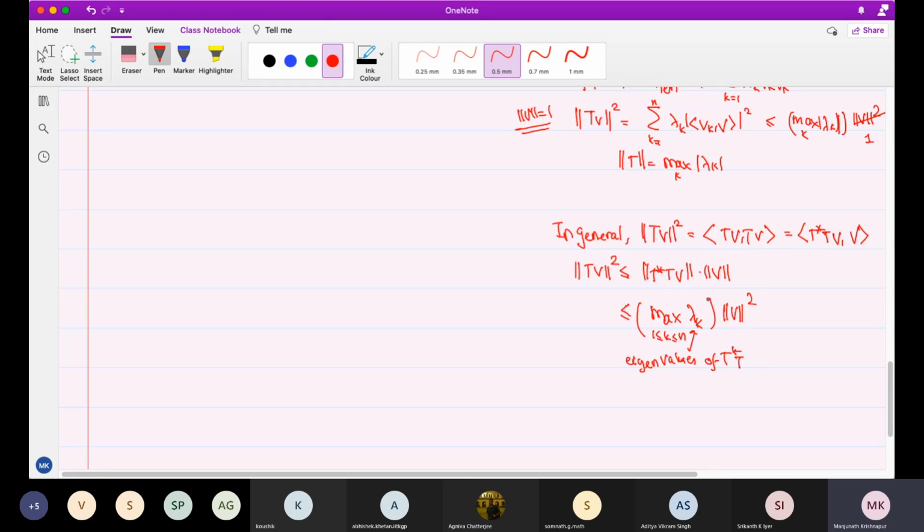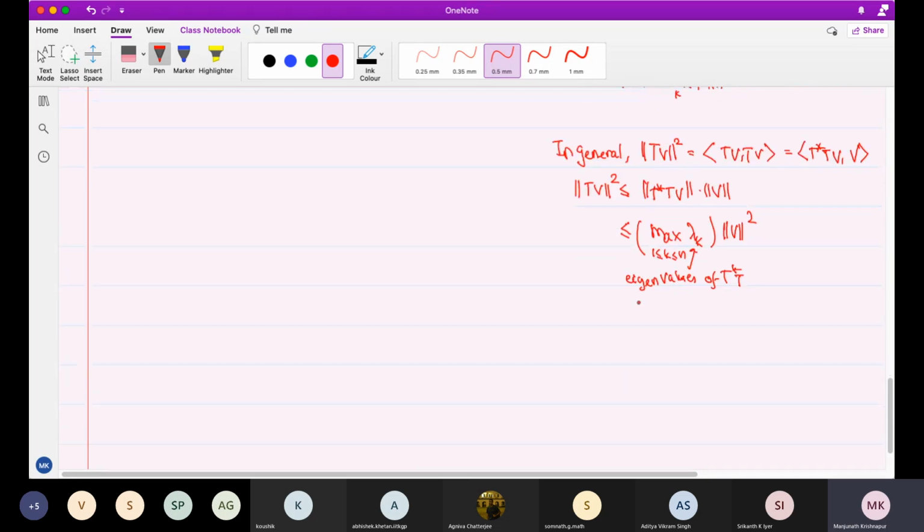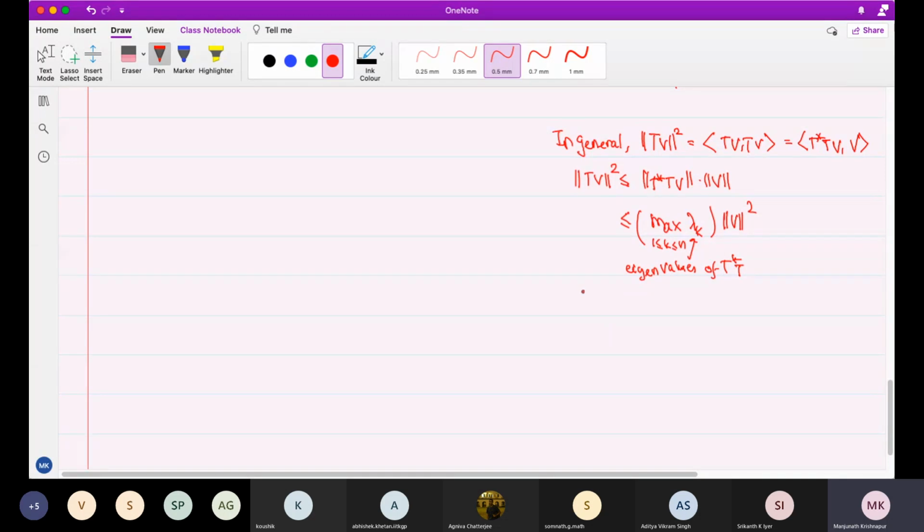So the conclusion is that norm T is bounded by the maximum eigenvalue. This is not equality. This is less than or equal to the maximum of mod lambda k over k less than or equal to n, where these are eigenvalues of T star T. Sorry, I should put a square root now, if I put the norm, the square root of this.